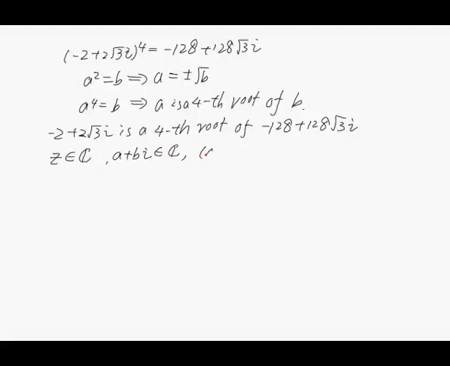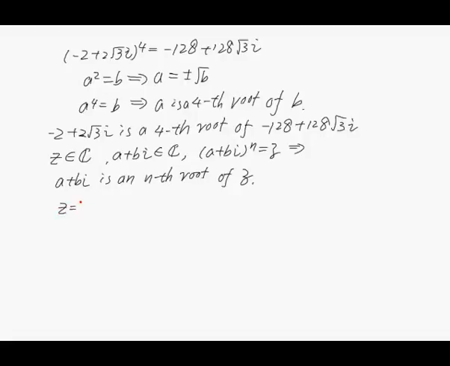If a plus bi raised to n is equal to z, then we say this a plus bi is an nth root of complex number z.